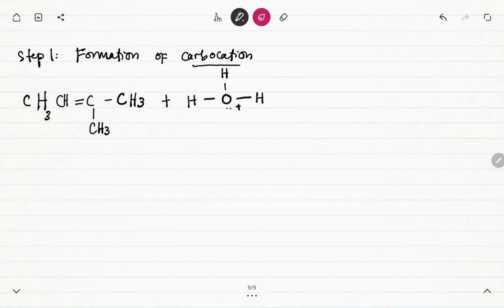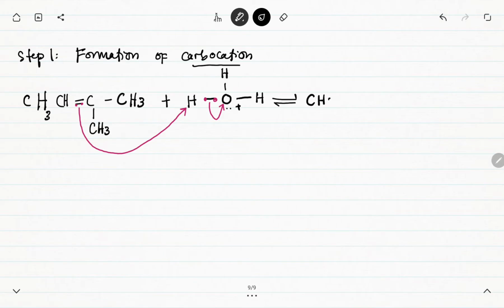So one of the bonding pairs in the carbon double bond will attack one of the hydrogen atoms, which we call a proton. Next, the bonding pair between O and H is disturbed and the electrons go directly to the oxygen because oxygen here is electron deficient, and we can trace the final product formed, which is the intermediate species of carbocation.